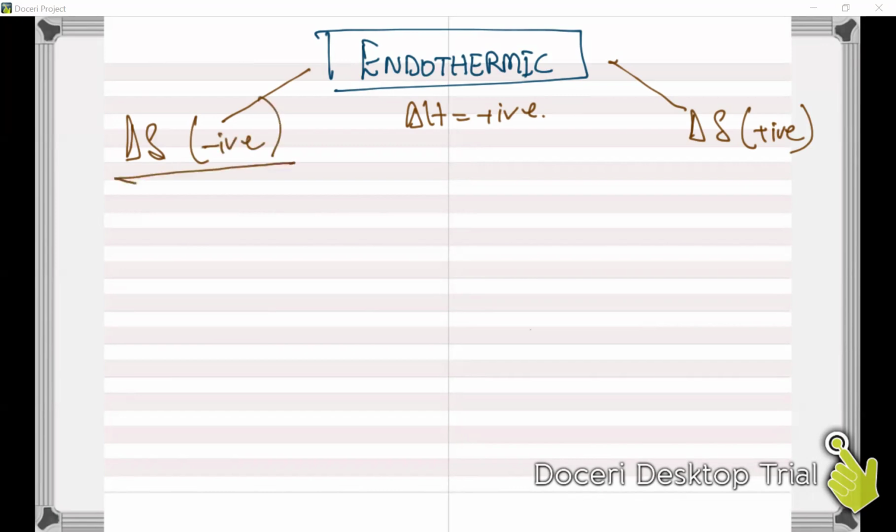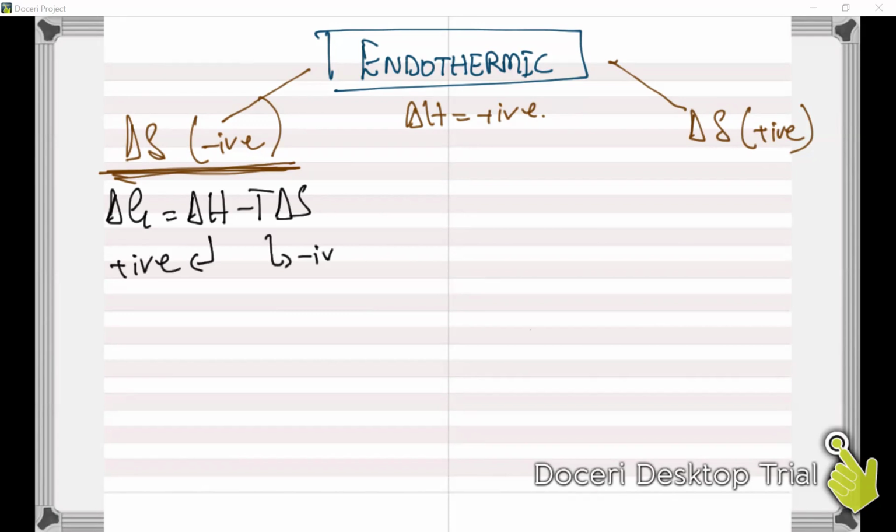In endothermic reaction, when the entropy is negative, then it would be delta H minus T delta S. This is positive and this one is negative. Delta H is positive and not feasible.